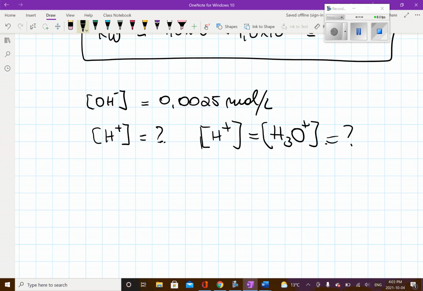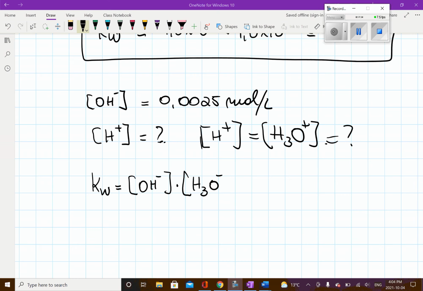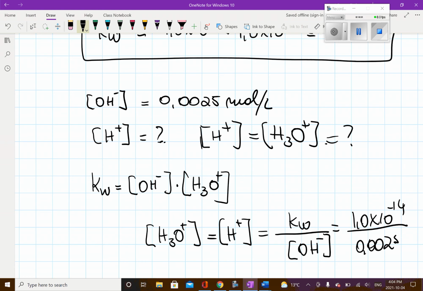Now using the fact that Kw is equal to the concentration of hydroxide times the concentration of hydronium, we can find that the concentration of hydronium, which is the same as the concentration of hydrogen, is Kw over the concentration of hydroxide, or 1.0 times 10 to the power of negative 14 over, in this case, 0.0025.